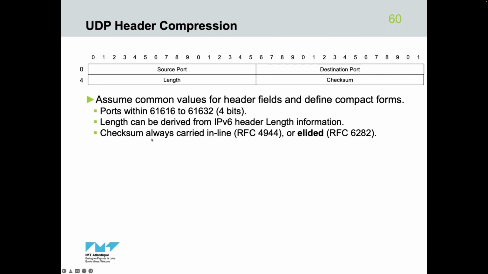And finally, the checksum field will either be carried inline if we are using, be careful, RFC 4944, or it can be elided if we are using RFC 6282. Indeed, with RFC 6282, a compressor in the source transport endpoint may elide the UDP checksum if it is authorized by the upper layer.